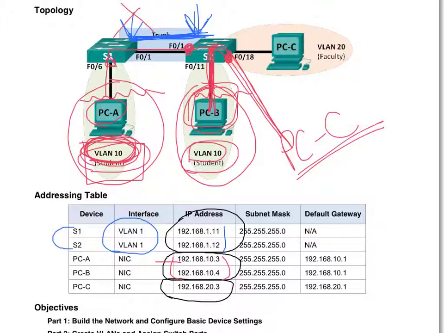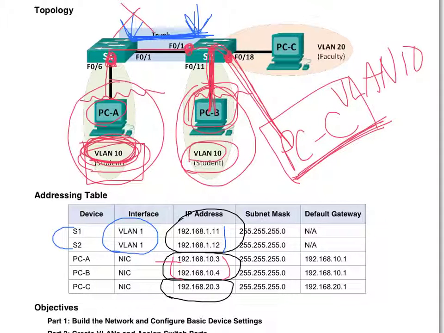So then it finds a port based on the MAC address. Now, for example, if we have two PCs over here on VLAN 10, and PCA wants to ping C, it goes into the switch, this port here where the trunk is, and it would know that this is over on the other side.